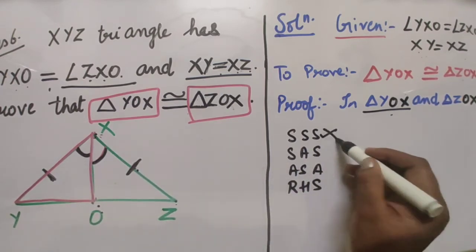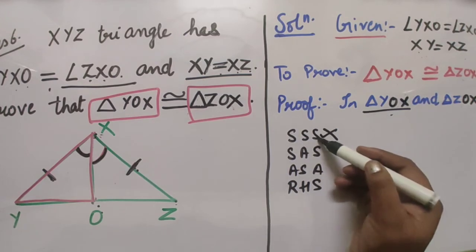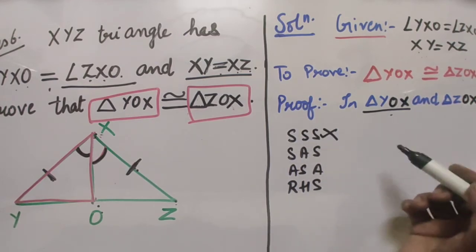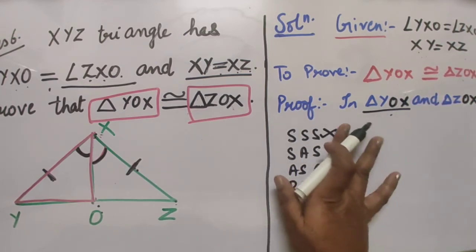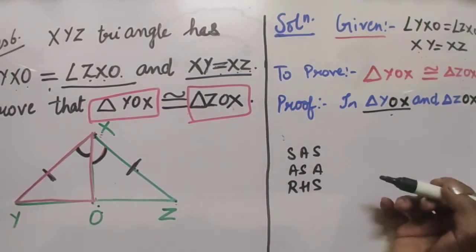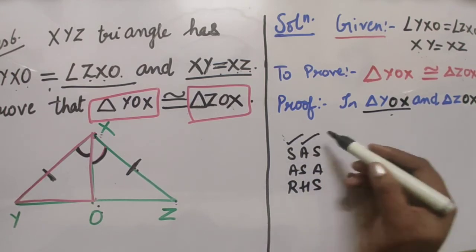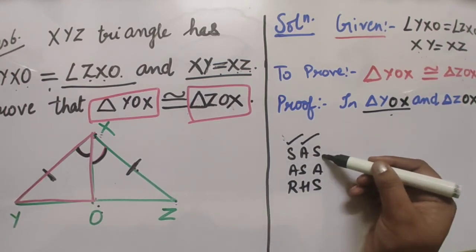So this cannot be taken over here, because for the triple S we require all 3 sides of the triangle. So now let's move to the next one. Let us see whether the next one would be possible here. We have one side, we have one angle, and we have to search for the third side, right?